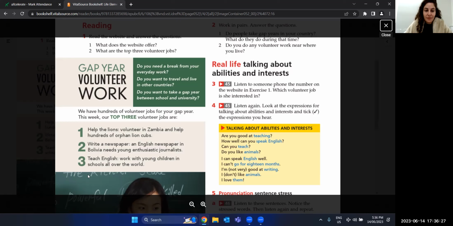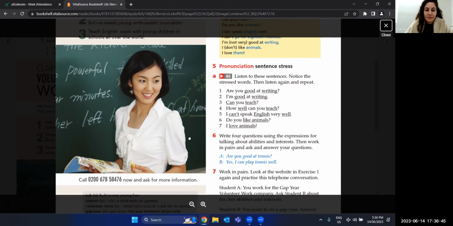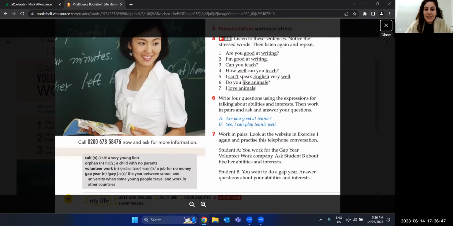Volunteer jobs. And I can see that there's an image and it says call 0200 678 58476 now and ask for more information. Vocab, cub is a very young lion.